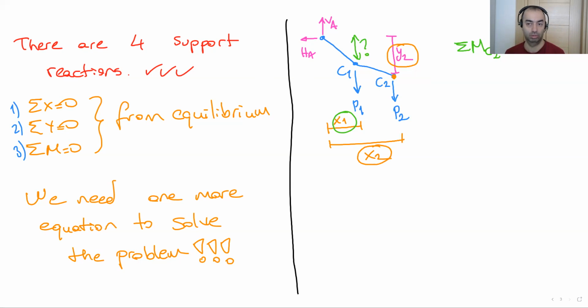So I know this, so I can write this equation. Actually, at every point on this cable, total moment is 0. That's okay. No worries. But since I know only the distances in vertical and horizontal directions for C2, I write this total M_C2 equals 0. This is the fourth equation.